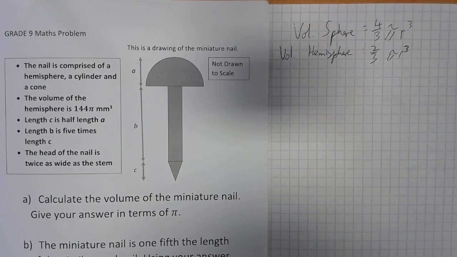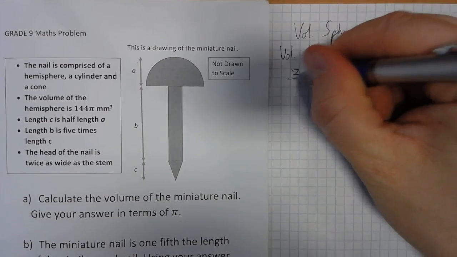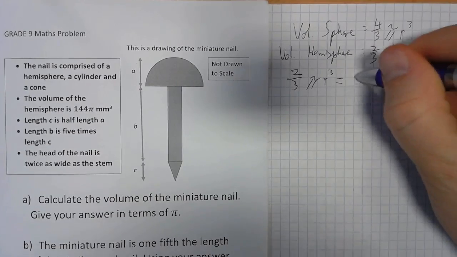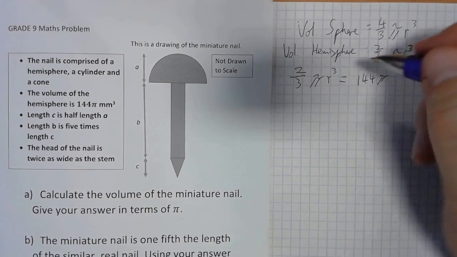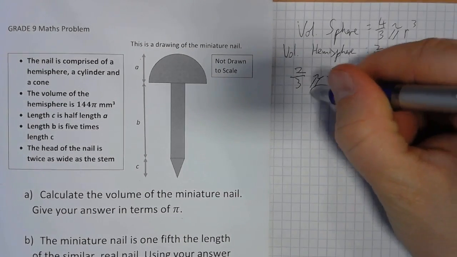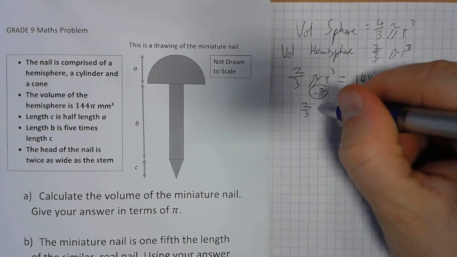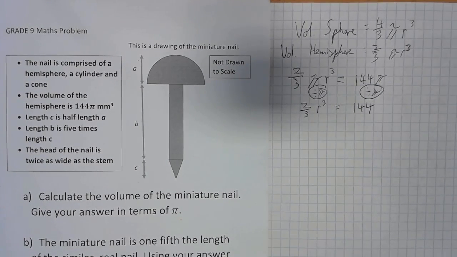So let's substitute in the values, because we know the volume. So 2/3 pi r cubed equals 144 pi. If I divide both sides by pi, I've got 2/3 r cubed equals 144. So I now need to divide both sides by 2/3.